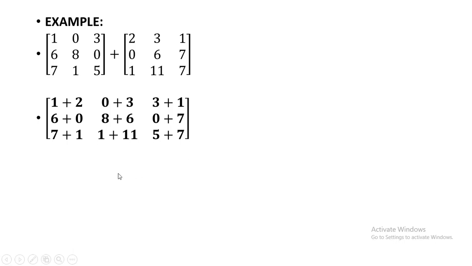The final result that you get is 3, 3, 4, 6, 10, 7, 8, 12 and 12. So that is how two matrices are added.